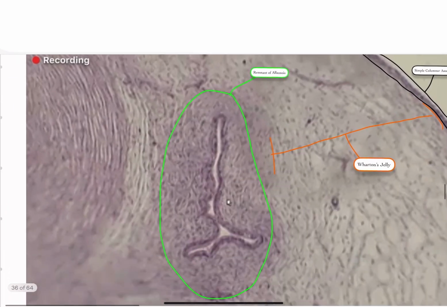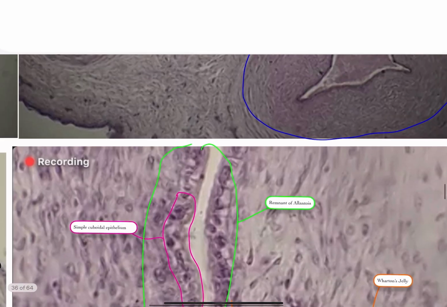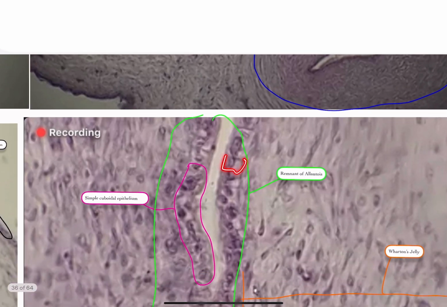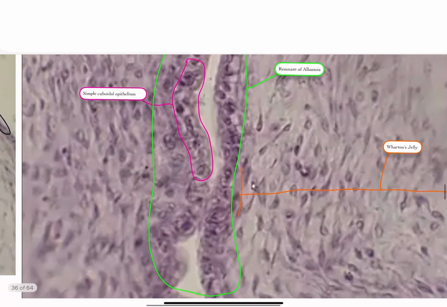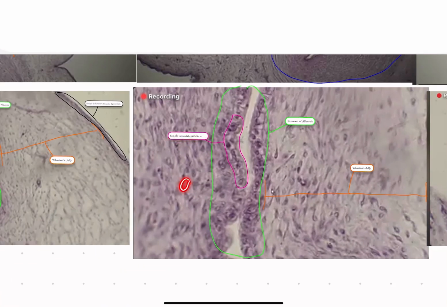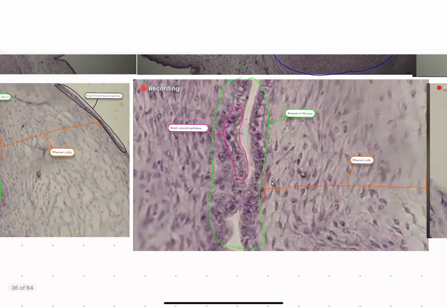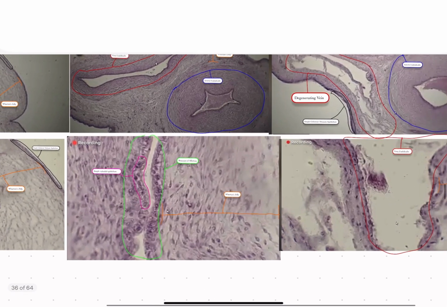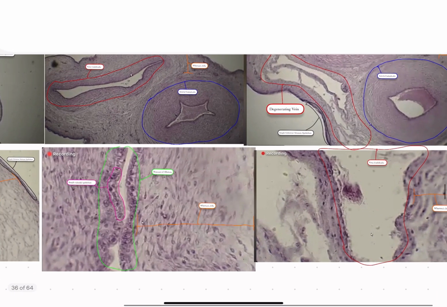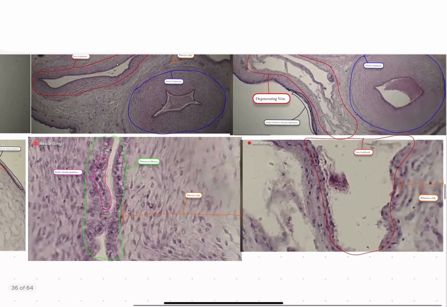That is why they will zoom in and further zoom in, so you can definitely see the borders of these cells. You see all of these cells here, how cuboidal they look in shape? That's because they are simple cuboidal epithelium, which means we're looking at a gland, and therefore this whole entire structure has a specific name because we're in the umbilical cord, known as the remnant of allantois. So again, when they zoom in and you see all of these cuboidal looking cells inside, we know that it's a gland or the remnant of allantois.